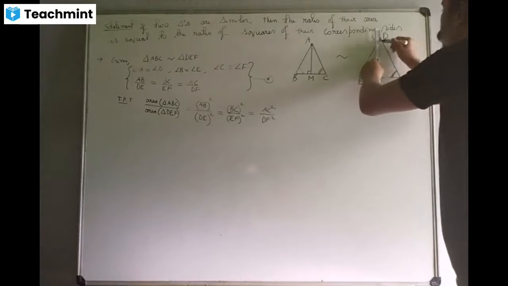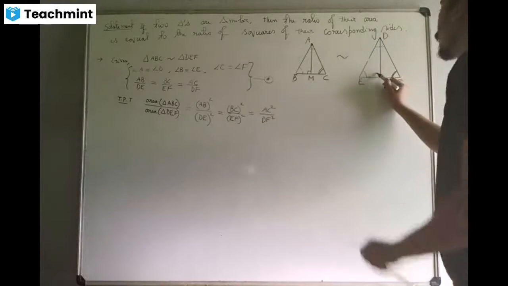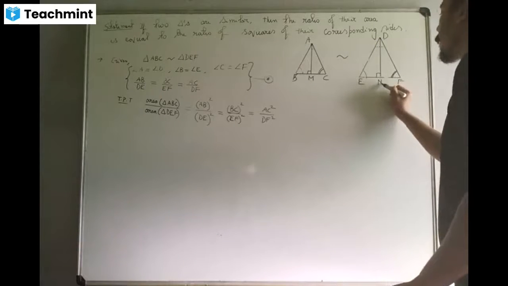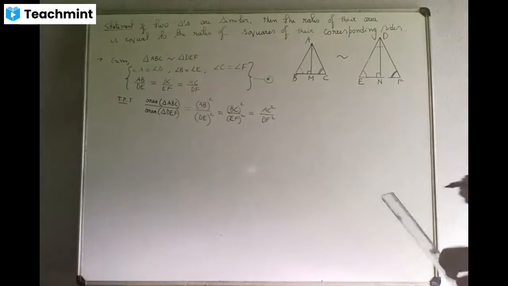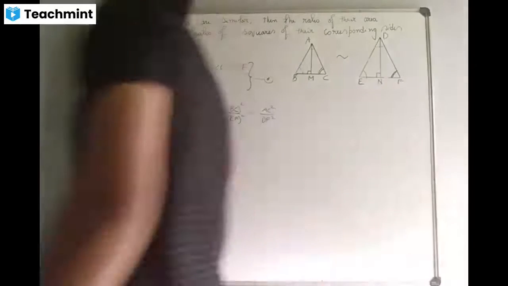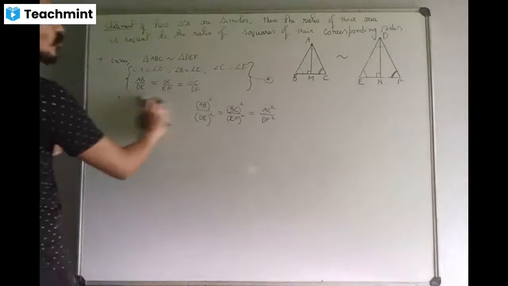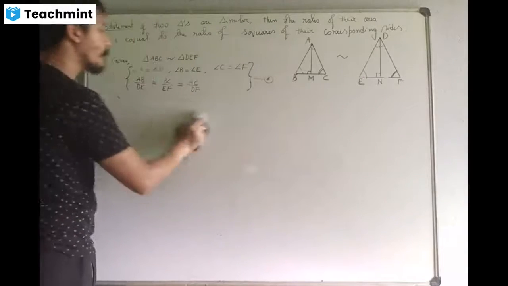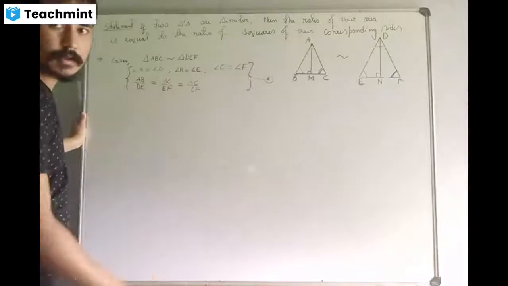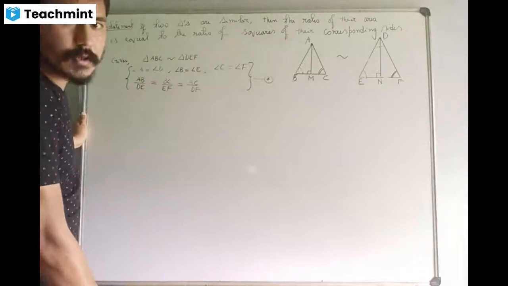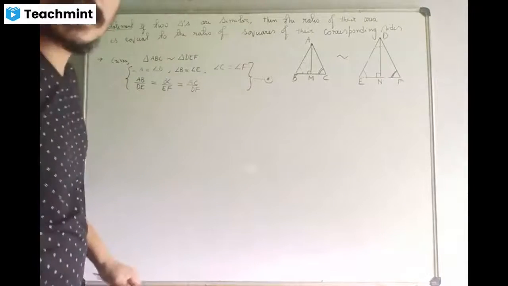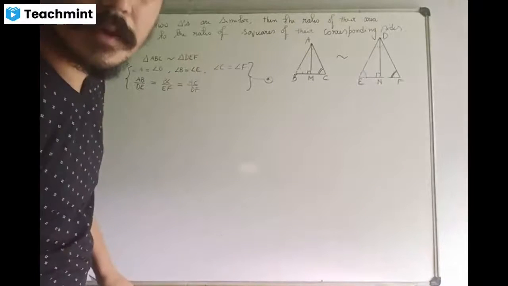I'm going to draw AM perpendicular to BC, and also DN perpendicular to EF.